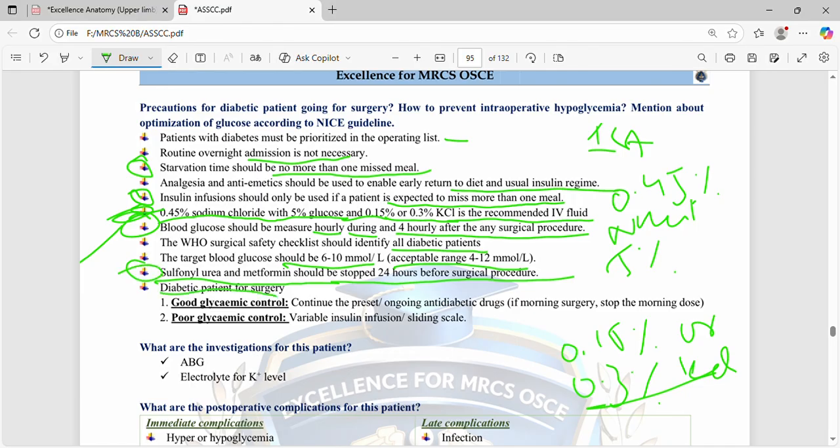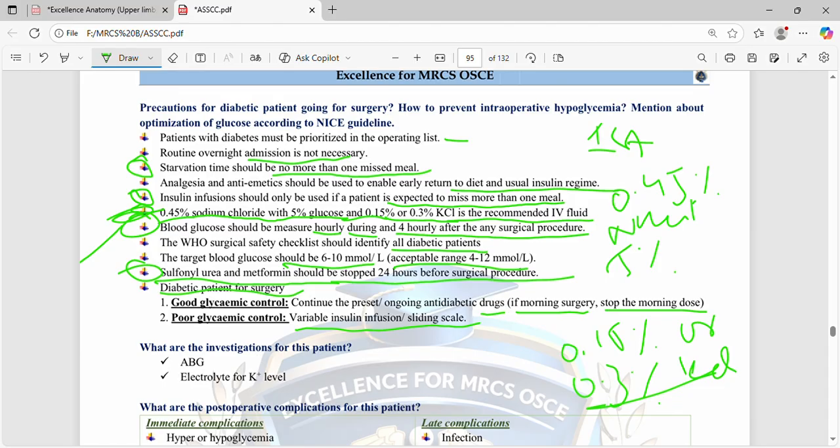For a diabetic patient going for surgery with good glycemic control, continue the ongoing anti-diabetic drugs. If it is morning surgery, stop the morning dose. If the patient has poor glycemic control, use a variable insulin infusion or sliding scale.